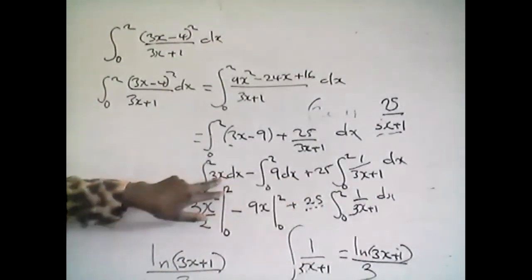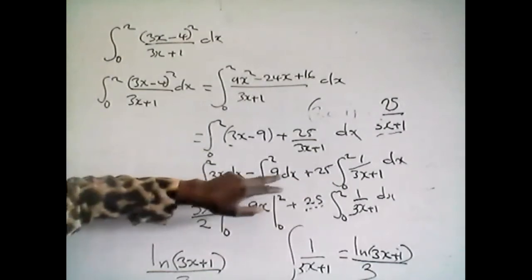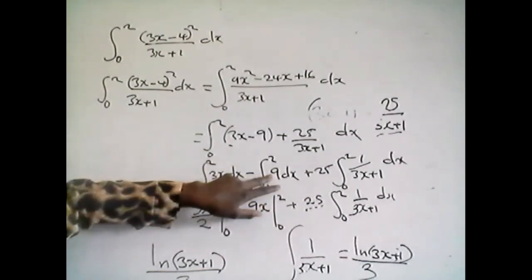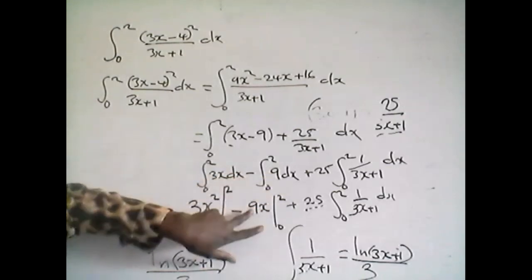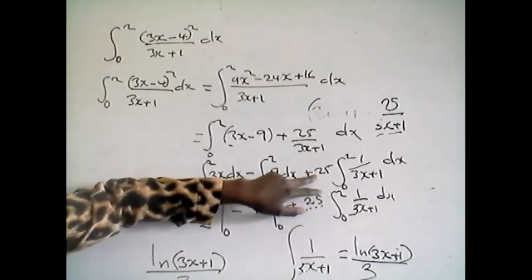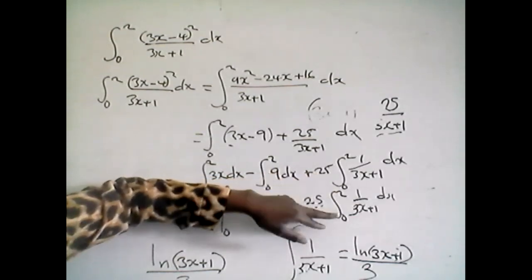Then here, this is direct. When you factor out 9 here, you're going to remain with the integral of 1, and the integral of 1 is x multiplied by -9. We have this -9x. Now here where there's 25, and we have 1 over 3x.